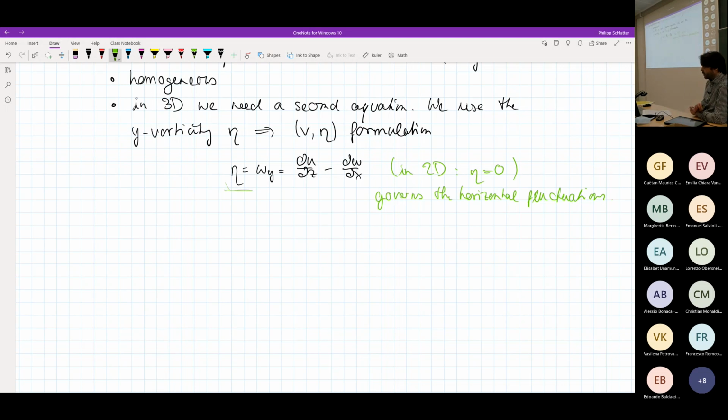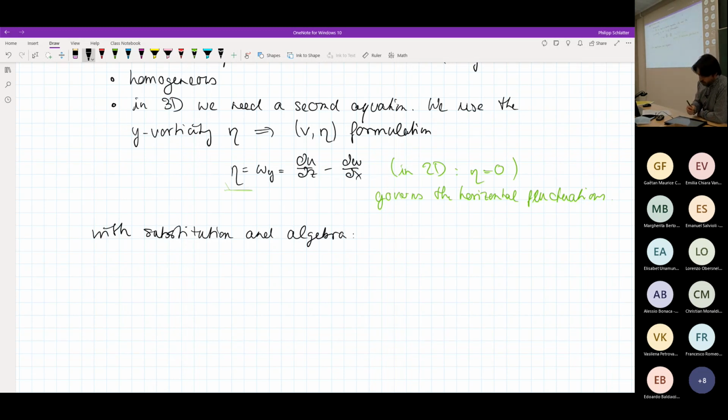Everything that is not needed, you would remove. And so with substitution of the vorticity, and some algebra, as we have just done, so derivatives, etc., you will end up with this eta equation.